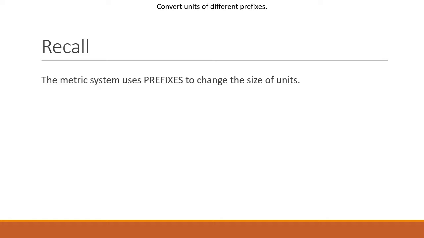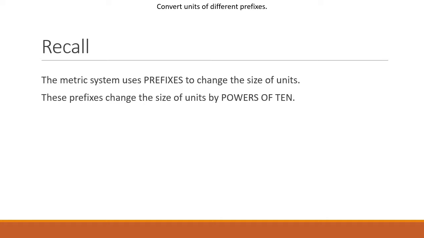So recall a few things from the last lesson. Recall that the metric system uses prefixes to change the size of units. We can make the units bigger or smaller depending on which prefix we want to use or need to use. All the prefixes in the metric system change the size of units by powers of 10. This is the beauty and the ease of using the metric system.